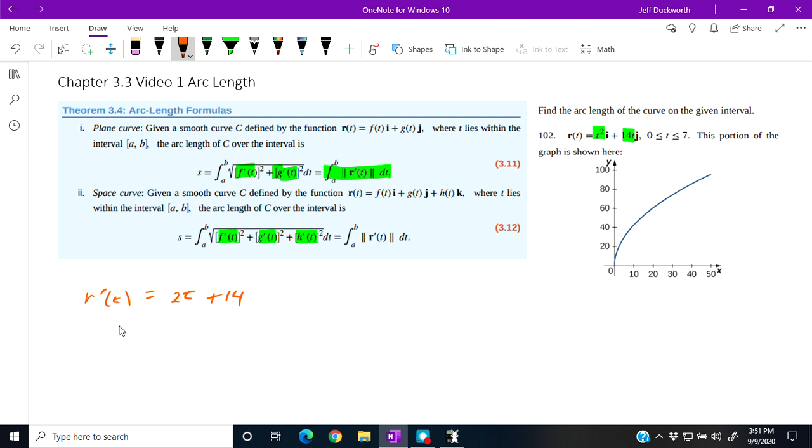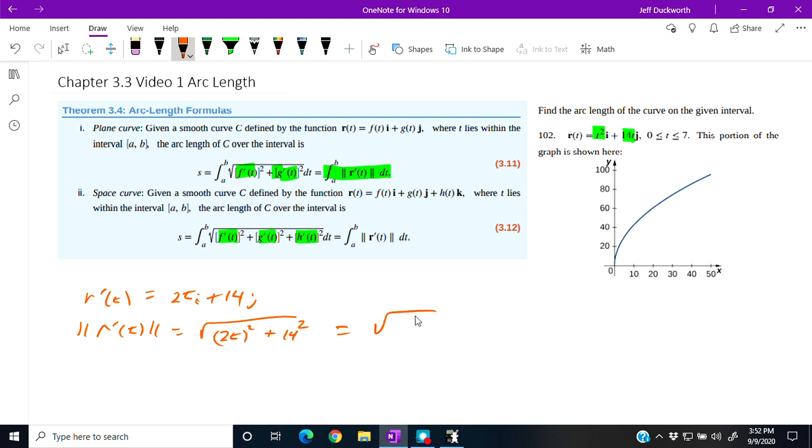Now we want to find the magnitude of this. And we're going to take each of those two components, square them. And again, this will be an i and this will be a j, but what do we get here?